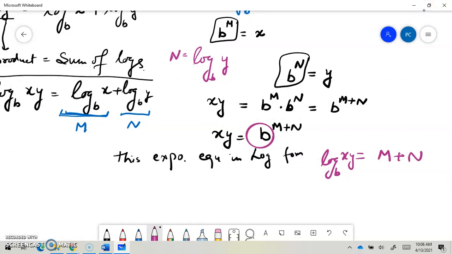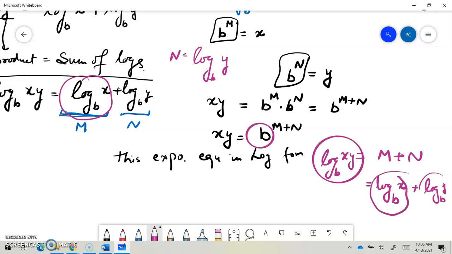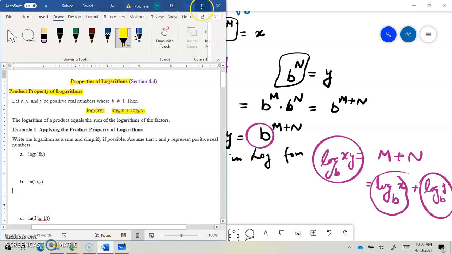Now what was m? m was log of x with base b. n is log of y with base b. So we proved that log of xy is equal to log of x plus log of y. Log of products is equal to sum of logs.